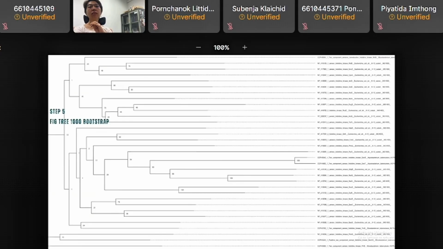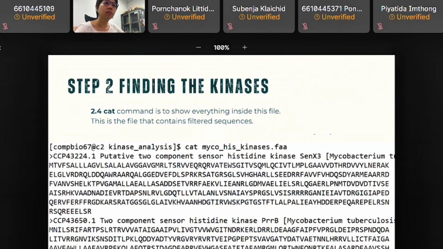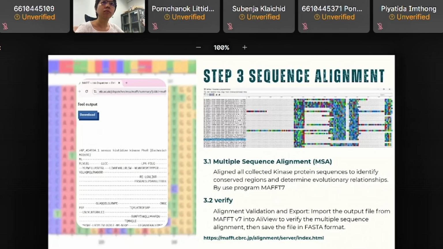I've tried to think why, and I tried to think of different reasons, but one reason I think is, for example, in this sequence alignment, there is one line that doesn't align with the other ones, and it has too many dashes. When there are too many dashes, the program has to guess too much whether they belong together.